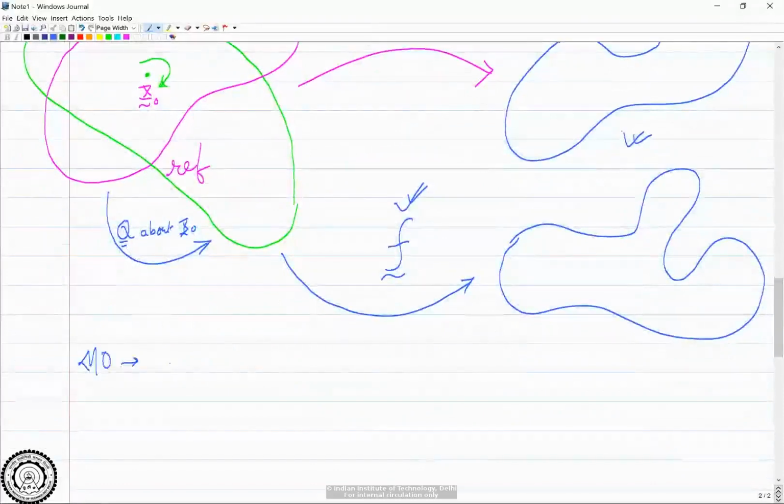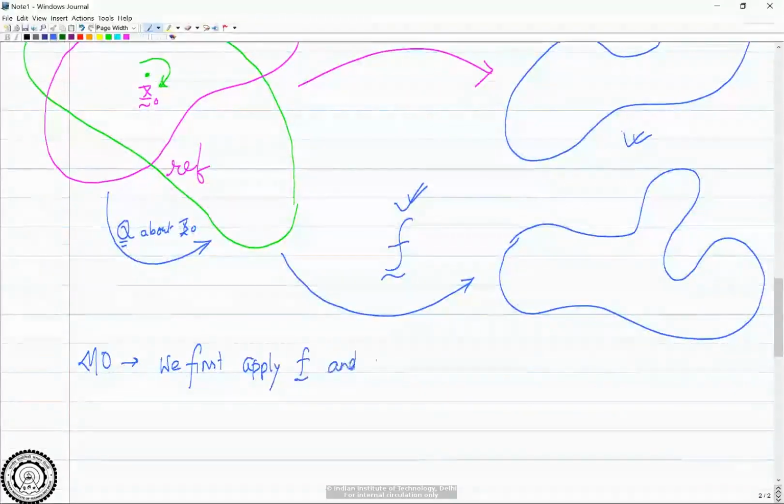In MO, we first apply F and then rotate.